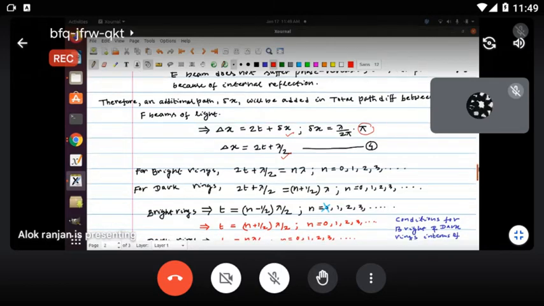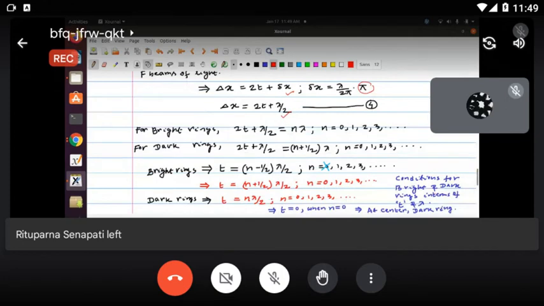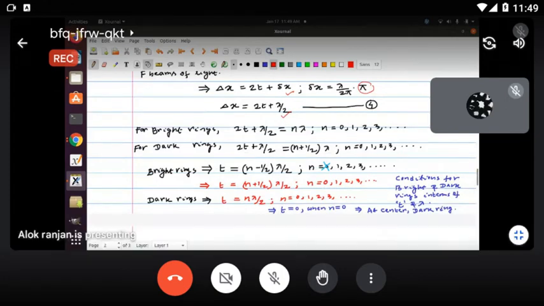So this represents the conditions for bright and dark rings in terms of the thickness of the air film and the wavelength of the coherent source of light.